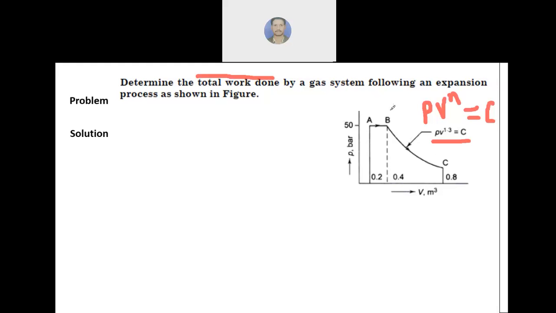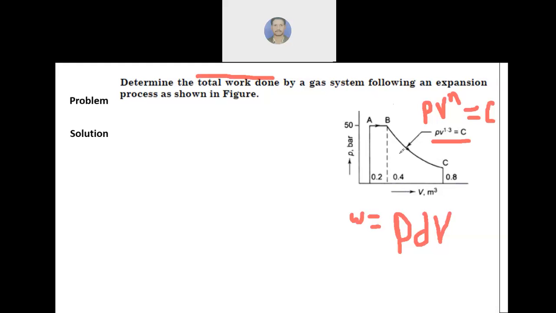Now, how will you get the work done? First take process AB. Process AB is constant pressure. For constant pressure, work done is given by W equals P into dV, where dV is nothing but final minus initial.